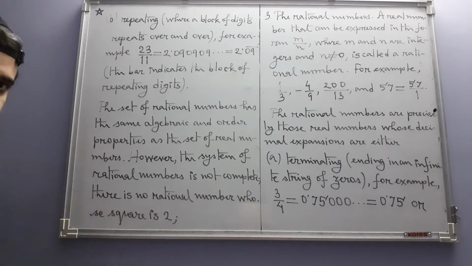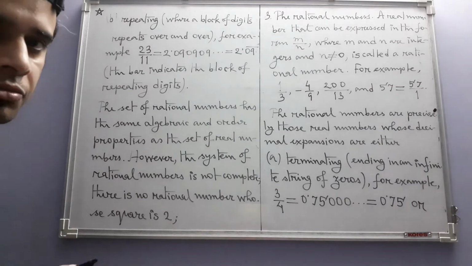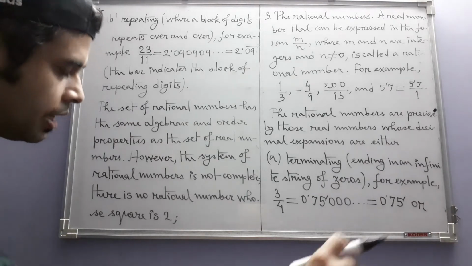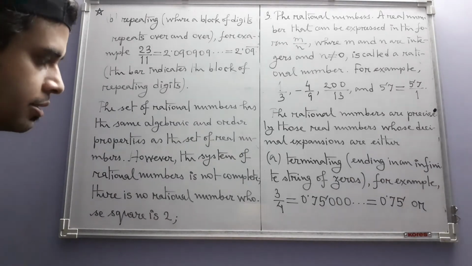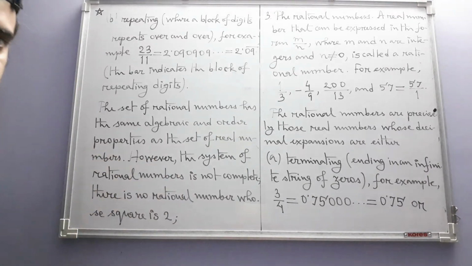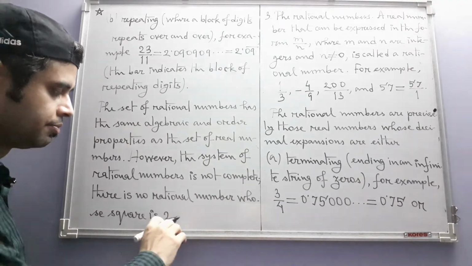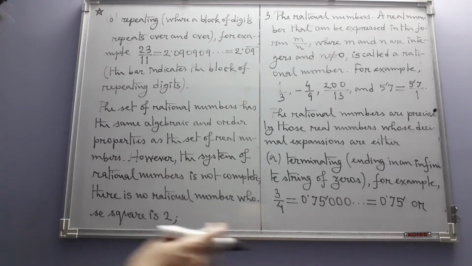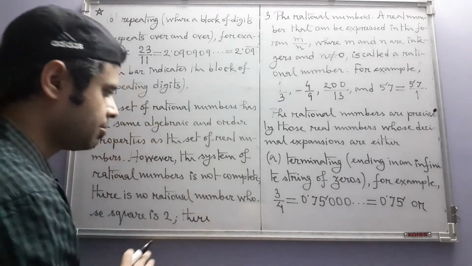In that sense, there is a gap in the rational line. Instead of calling it the real line, I am calling it the rational line. Namely, on the straight line, I am only considering those points that correspond to rational numbers. If I look at the set of those points on the real line, then there will be gaps. For example, the point where root 2, the square root of 2, should be will not be present in the set of rational numbers or on the rational line. So that's why it is not complete.